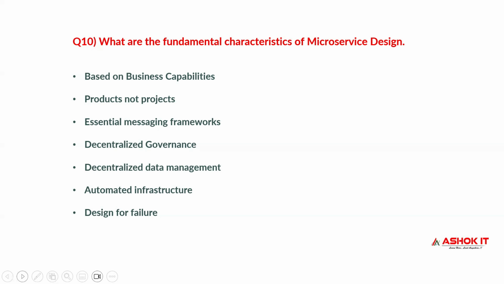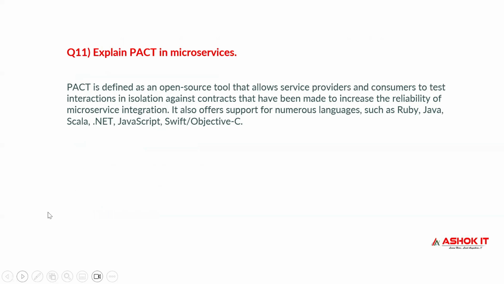We have automated infrastructure, so these systems are complete and can be deployed independently as well, meaning each system is independently deployed. The next is design for failure. Increase the tolerance of failure of service by focusing on continuous monitoring of the applications. Let's move to the next question now.